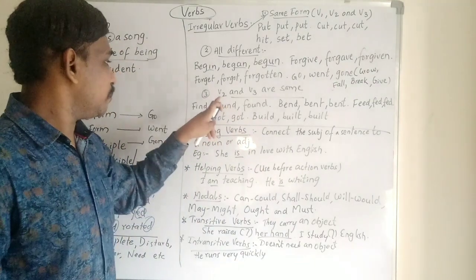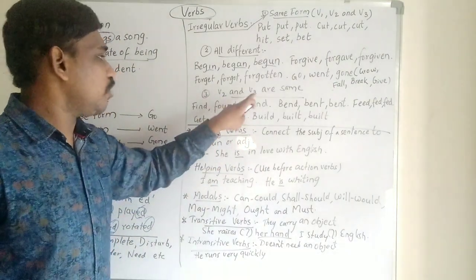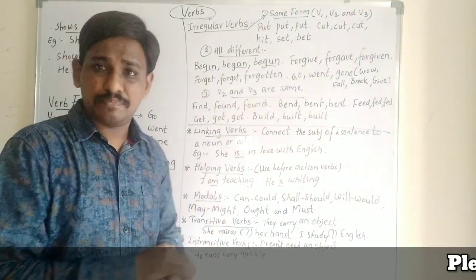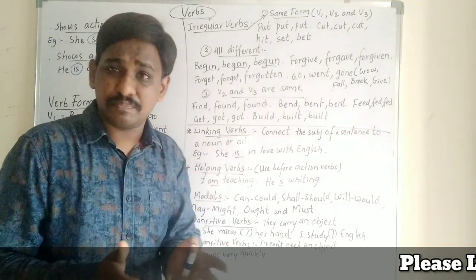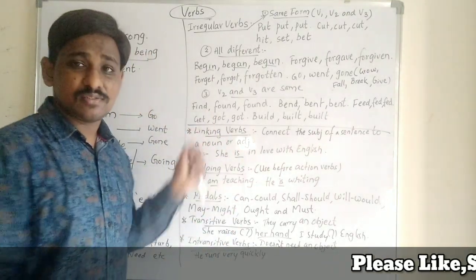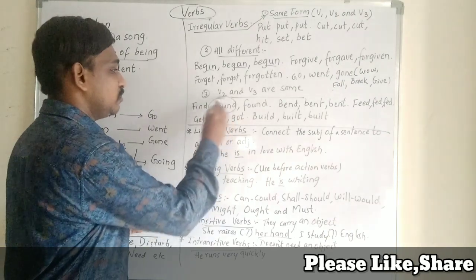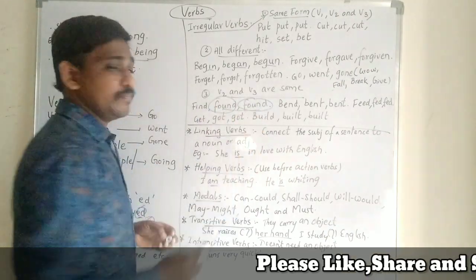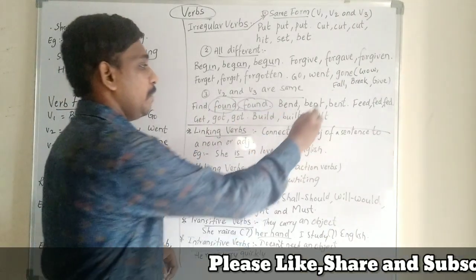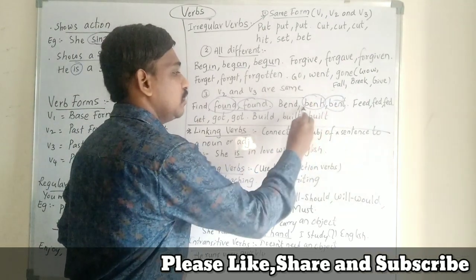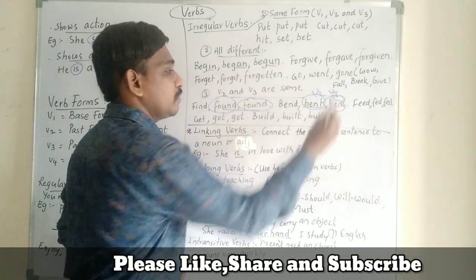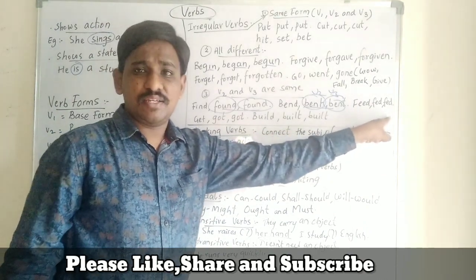In the third form, we have V2 and V3 the same. For example, find, found, found. These two are the same. Bend, bent, bent. V2 and V3 are the same. Feed, fed, fed.